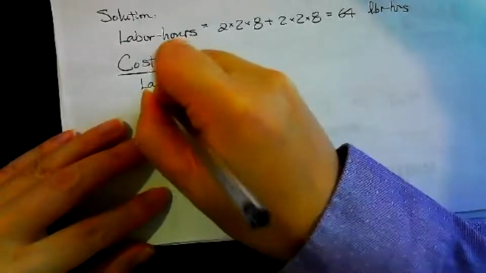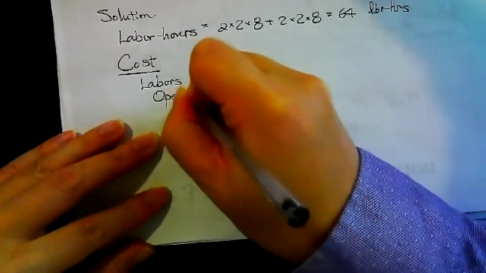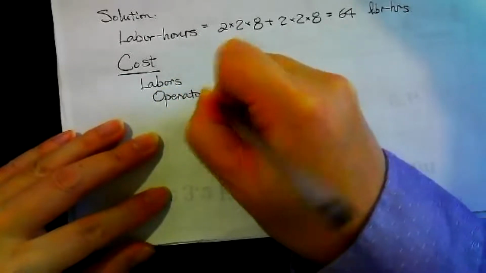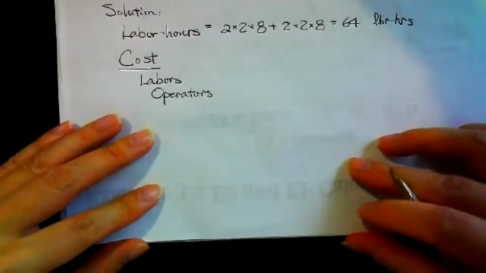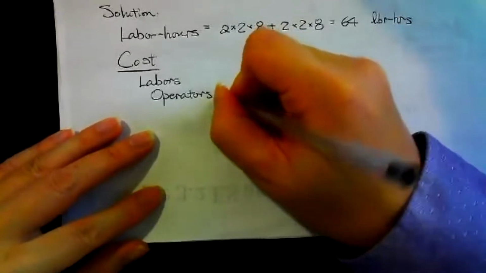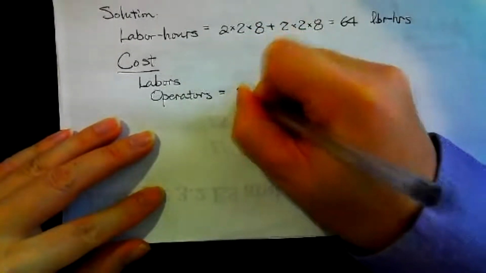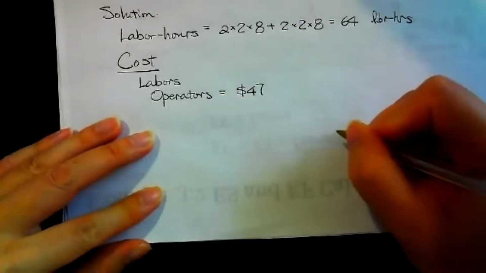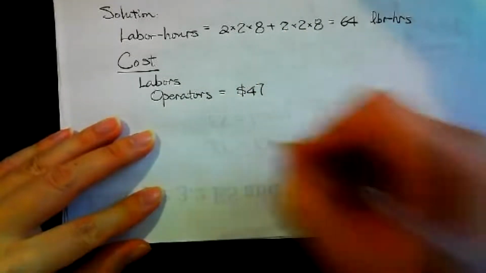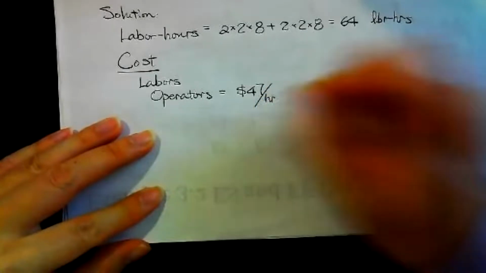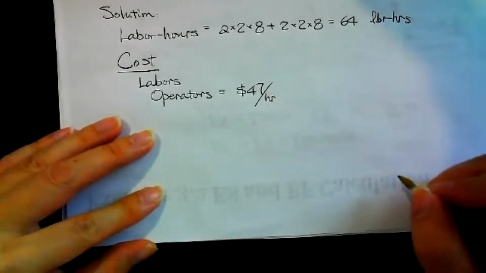Labors include the operators. So operators are given by $47 per hour. This is each hour, $47 per hour.